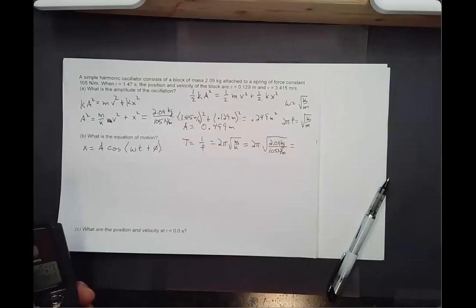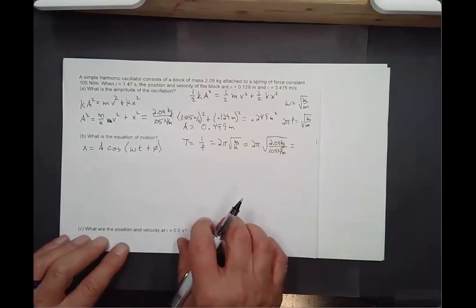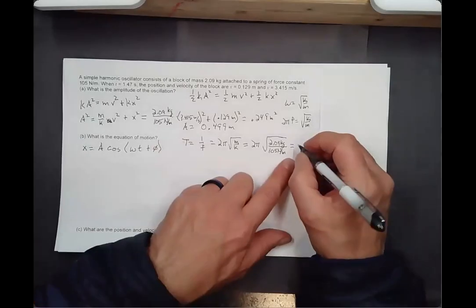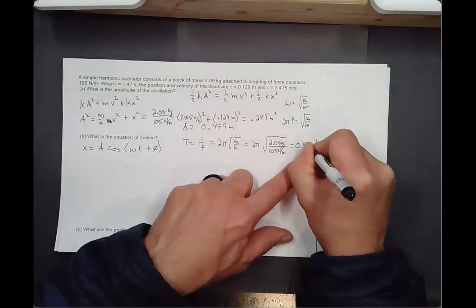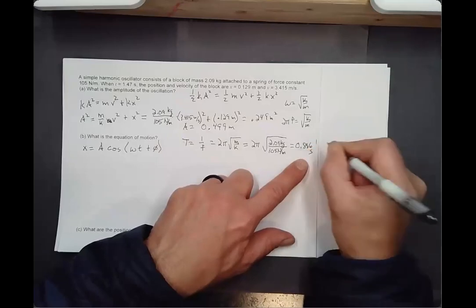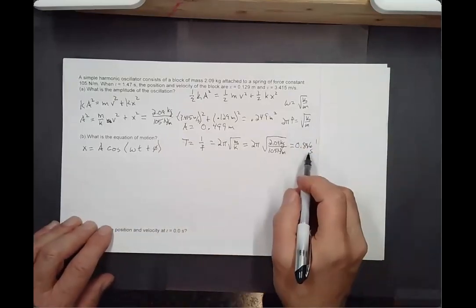So 2 pi times the square root of 2.09 divided by... Okay, and I get that the period is 0.886 seconds. And so that's how long that happens to be.